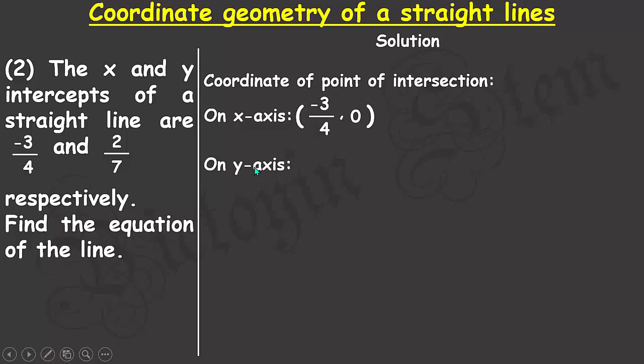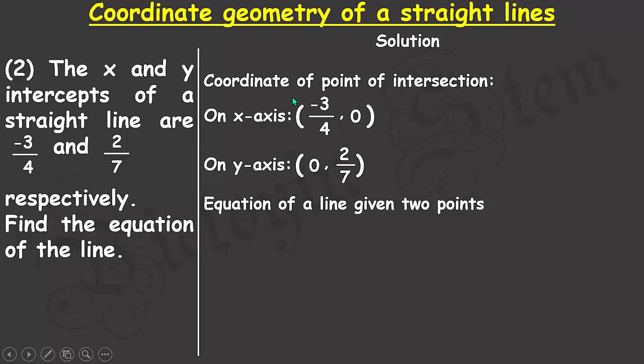And then where the line cuts the y-axis, at that point the value of x is 0, whereas the value of y is equivalent to the one given in the question, which is 2 divided by 7. Now, I will apply the equation of a line given 2 points: y2 minus y1 divided by x2 minus x1 equals y minus y1 divided by x minus x1.